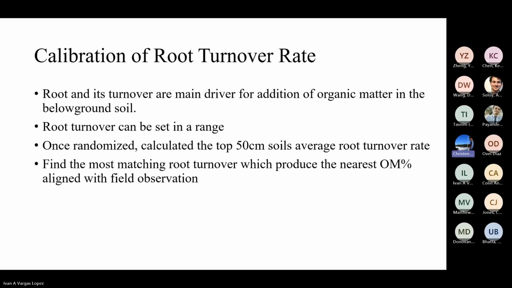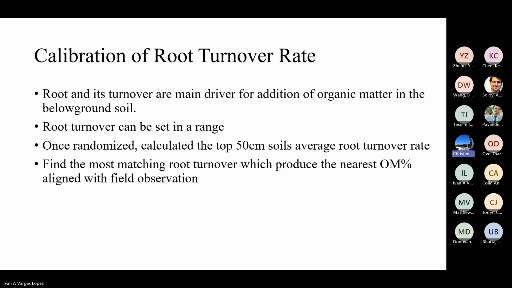We also had to do some root turnover calibration because in literature, most of the values are scattered. Some claim the root turnover rate can be 0.04 to 0.44, and some claim that it should be more than 1, up to 3.22. So we are not going into that.